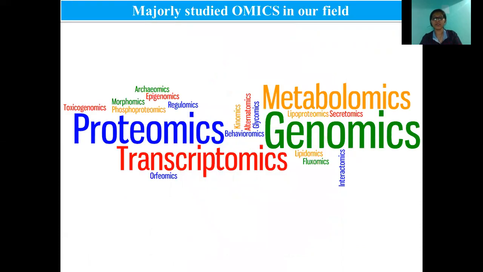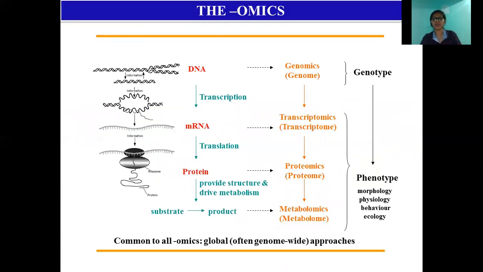But before going to all these terminologies and discussing the different tools useful in the identification of protein content, gene sequence, total mRNA content, and total metabolites present in the cell, we'll discuss the central dogma of molecular biology. In this diagram you can see the DNA, and the process of transcription takes place, through which the mRNA is synthesized in the cell, and from mRNA the protein is synthesized through the process of translation.